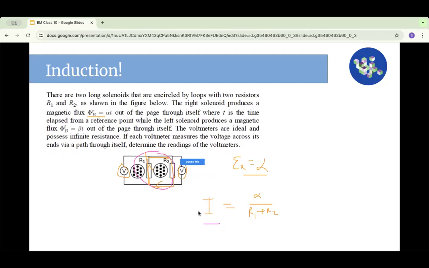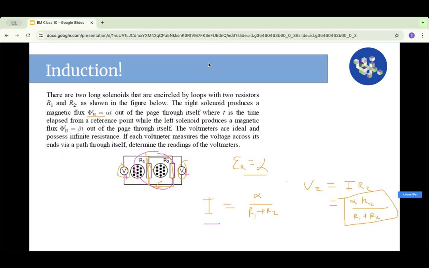If I let this be V2 and this be V1, then V2 equals the current times R2. So V2 would be equal to alpha R2 divided by R1 plus R2. That's pretty simple for the right voltmeter.